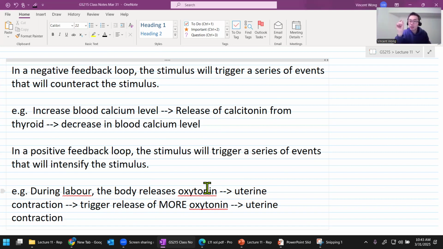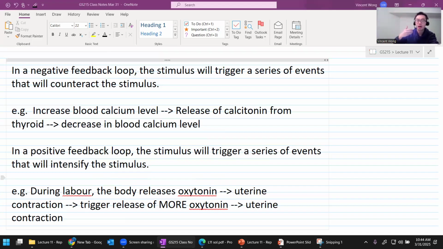So as soon as you have a little bit in your system, it's like pushing the first domino in a cascade, and then it just gets more and more intensified and builds up over time, which is what you want to have when you are trying to give birth. You want the baby to be pushed out. Okay. And that is an example of positive feedback.